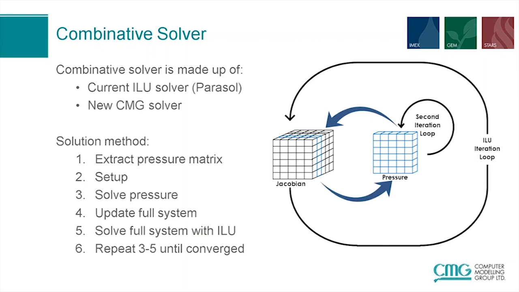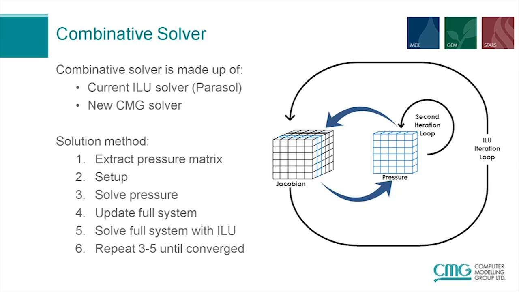So with the new combinative solver, we have a slightly altered workflow than before. What we do is extract the pressure matrix out of the Jacobian matrix. We precondition this pressure matrix, and then we use this new CMG solver as part of the second iteration loop to solve the pressure matrix. Once this pressure matrix is solved or very close to being solved, it's reinserted back into the Jacobian matrix.